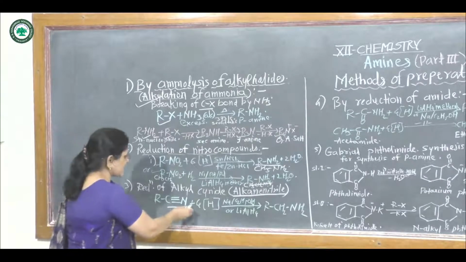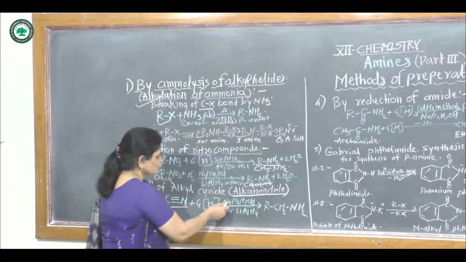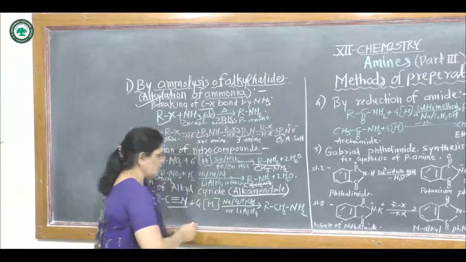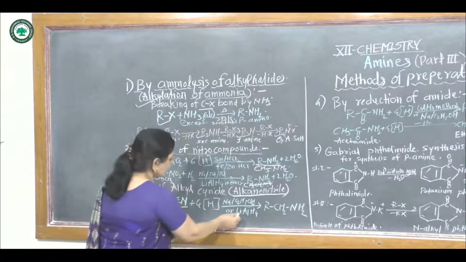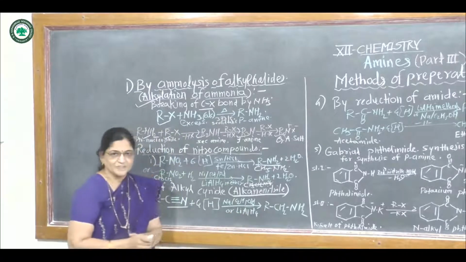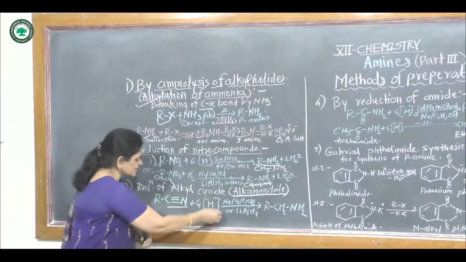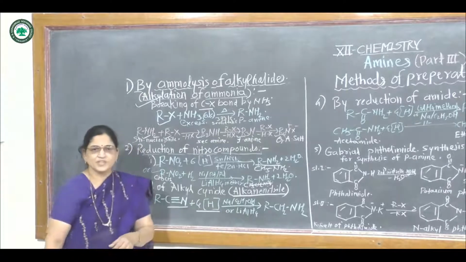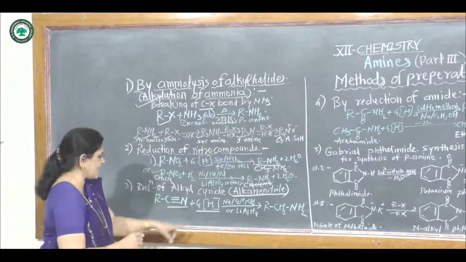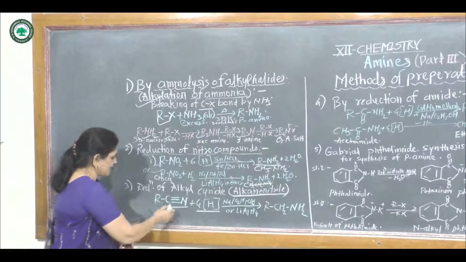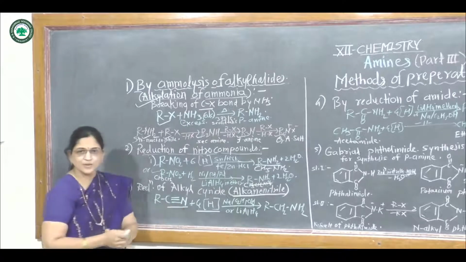If this alkyl cyanide reacts with sodium and ethyl alcohol, or lithium aluminum hydride, it gives 4 nascent hydrogen atoms, and these 4 hydrogen atoms react with the cyanide group.